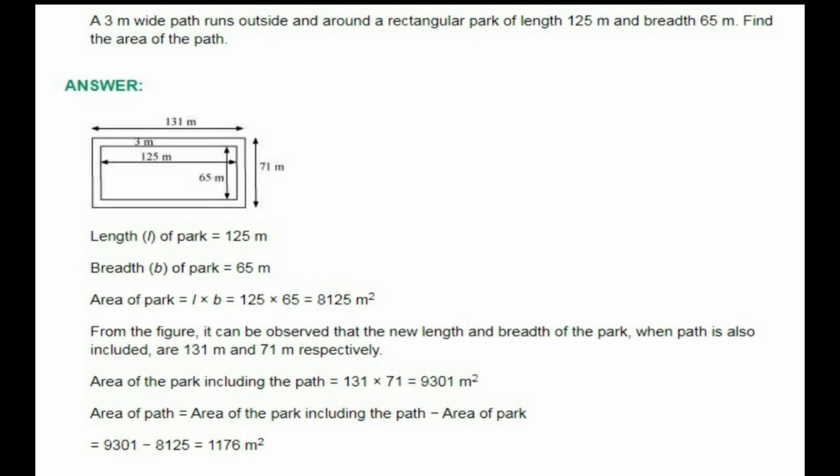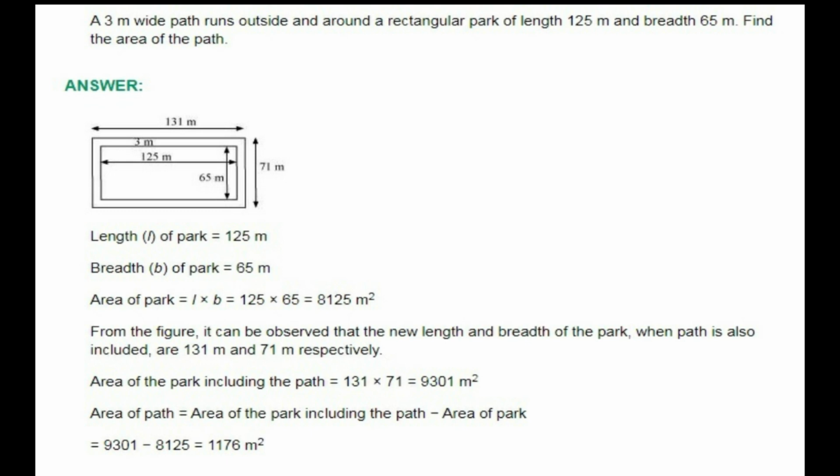So the length is given as 125 meter and breadth is given as 65 meter. We are finding the area of the park, length into breadth, and the area of the park excluding the path is 8125 meter square. Now we have to find out the area of the park including the path. So for this we have to know the new length and breadth. The length is 131.